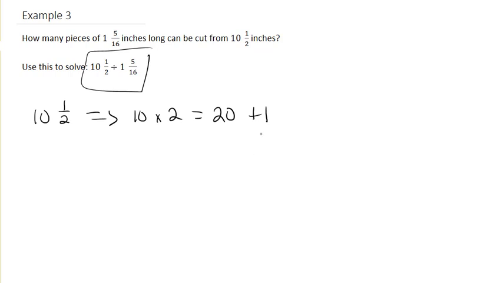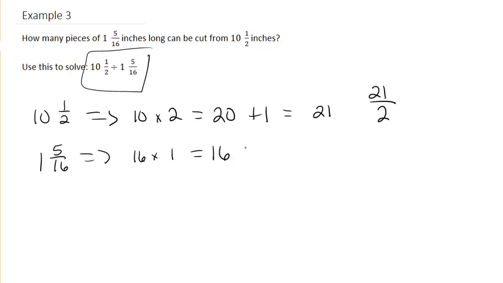Then we add 1, so this gets us to 21. So now we're left with 21 over 2. The next thing we do is take 1 5/16. Do the same. 16 times 1 is equal to 16, plus 5 is equal to 21. So we're left with 21 over 16 on this one.